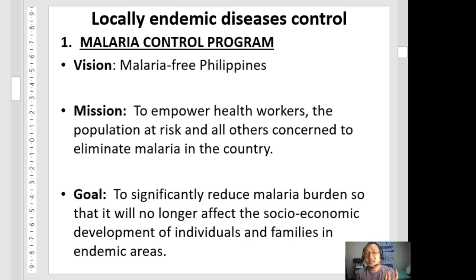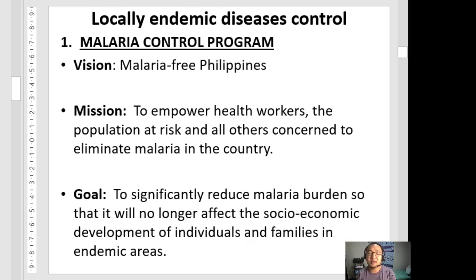Since this is endemic in a local area, there's possibility that there would be epidemic. So as you all know, when you say epidemic, it differs from endemic. In cases that the number of these diseases may rise abnormally from the constant number that is present in the local area.